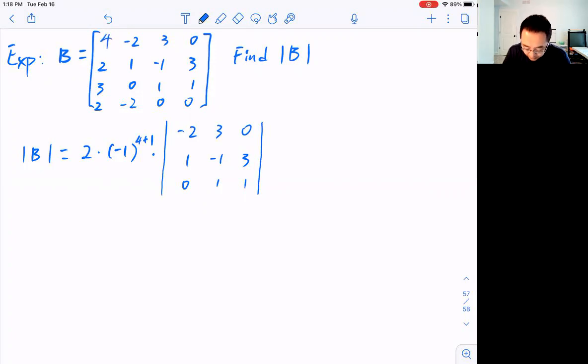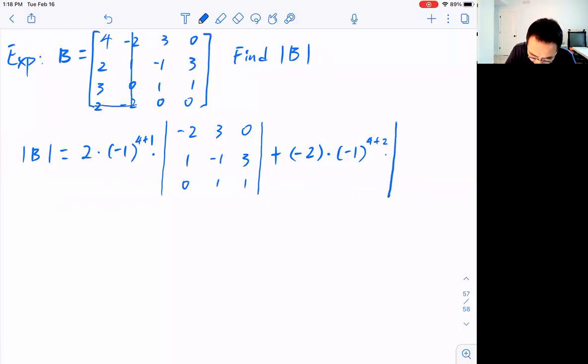Okay, so then we want to add the second element in the fourth row, which is right here, -2. So we want to add -2 times -1 raised to the fourth row plus the second column power times its minor, which is eliminating the fourth row and the second column.